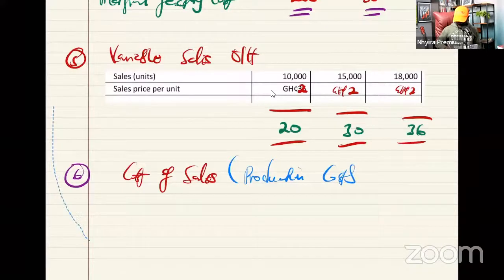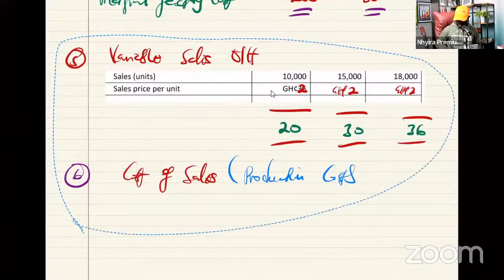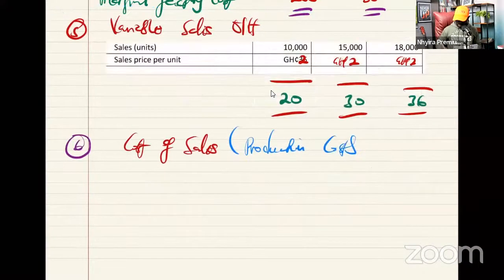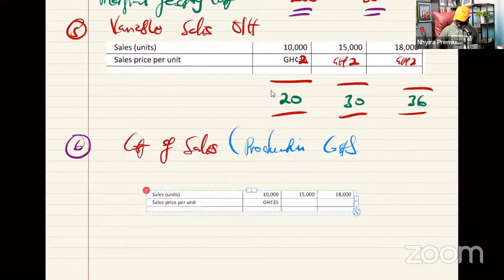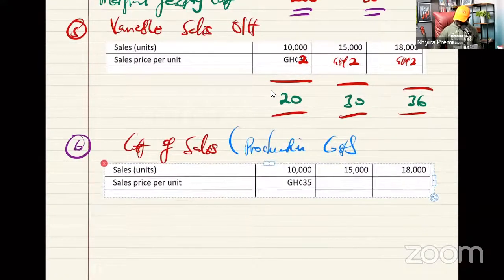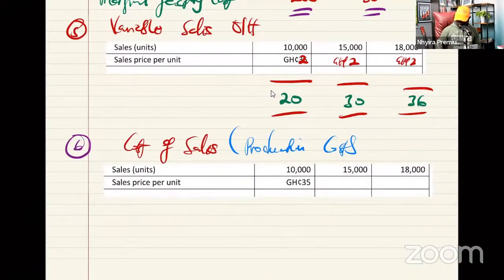I'm going to shift this a little bit above. Then I'll bring in my sales unit again. But this time around, we're going to multiply by 22.